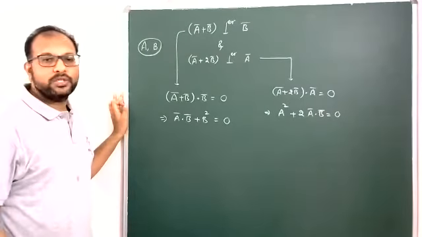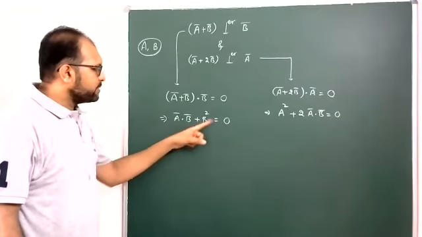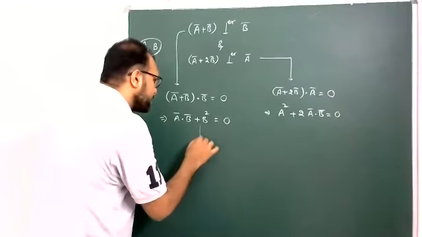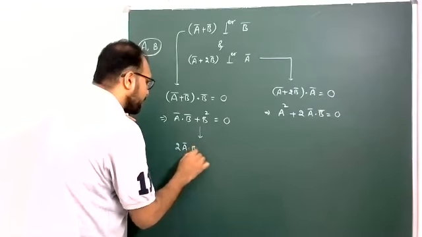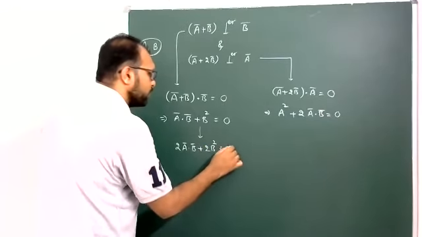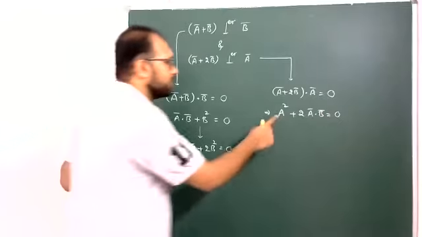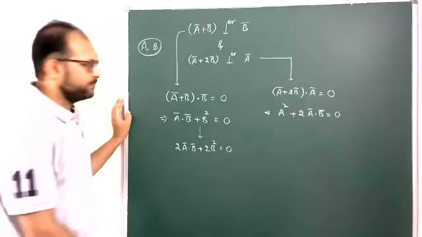So now students, two conditions came. Number one, A bar dot B bar plus B square equal to 0. From this we can write 2A bar dot B bar plus 2B square equal to 0. Same here also, A square plus 2A bar dot B bar equal to 0.